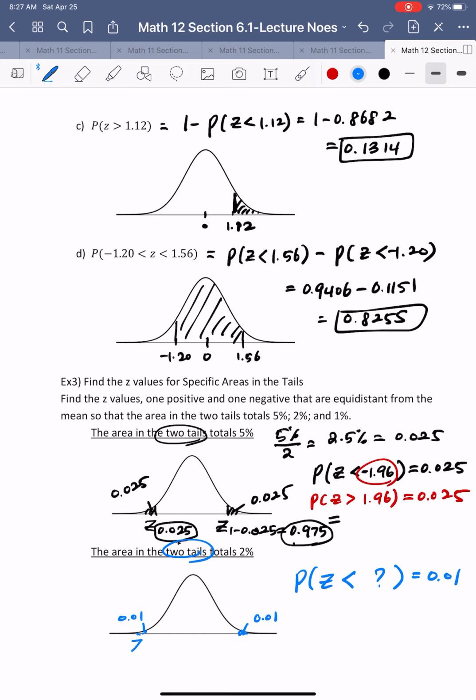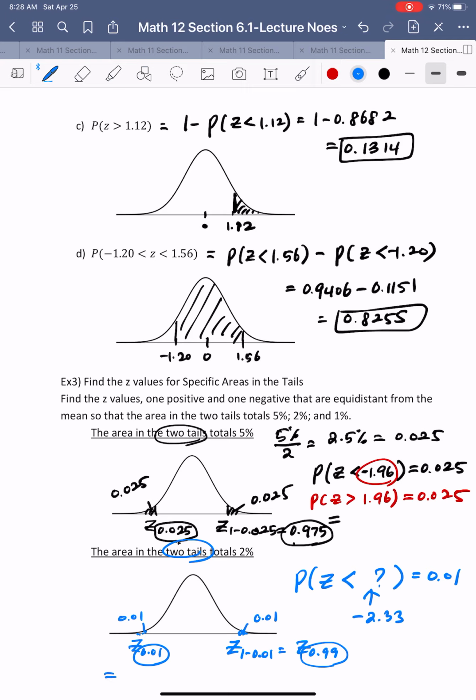So we're looking for z sub alpha with area 0.01, or z sub 1 minus 0.01, which is z sub 0.99. Looking at the area, the z-score close to that is negative 2.33.